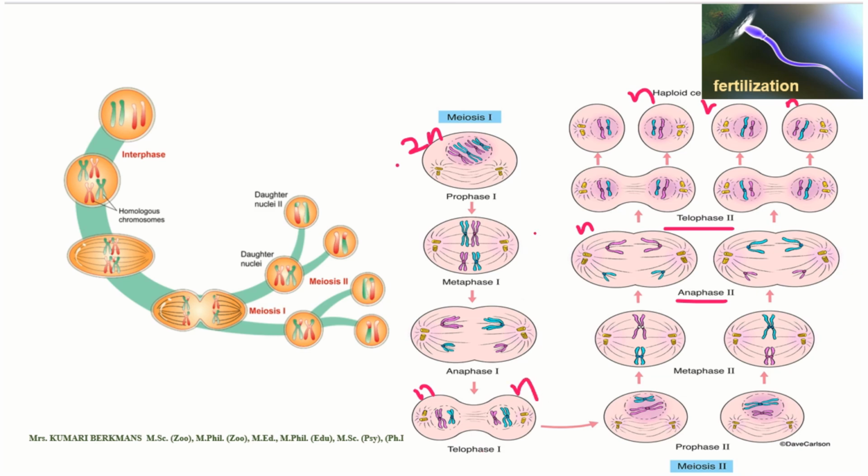Now this is meiosis 1, this is meiosis 2. What is happening? You can see the 2 daughter cells here. In these 2 daughter cells, the nuclear membrane starts disappearing, the spindle forms and the centrioles move to opposite sides. Then again during metaphase, the chromosomes are arranged at the center, and the chromosomes are divided into chromatids.